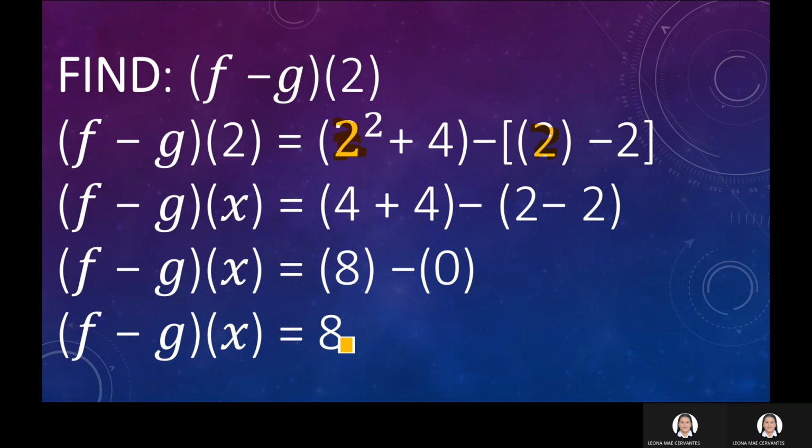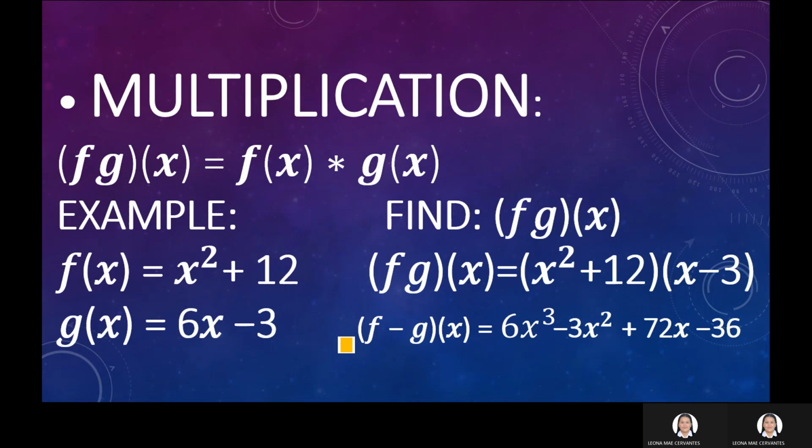Okay? Next. Okay, so now let's proceed to multiplication. So we have f times g of x is equal to f of x times g of x.